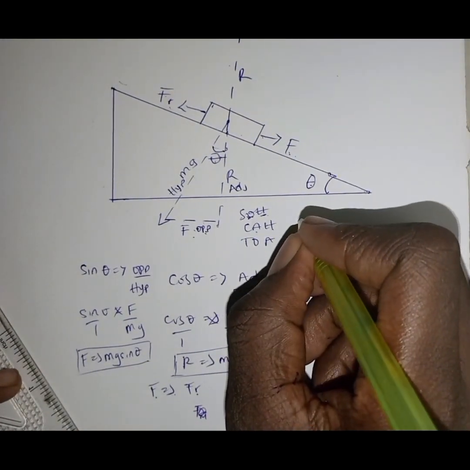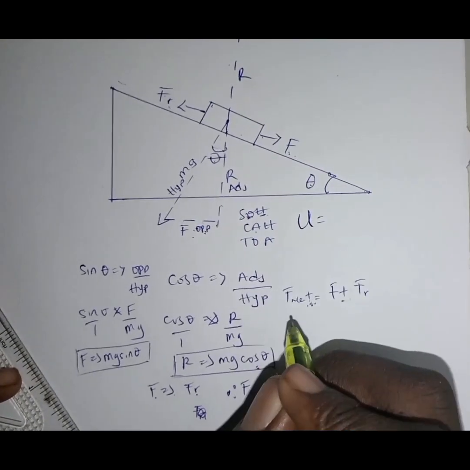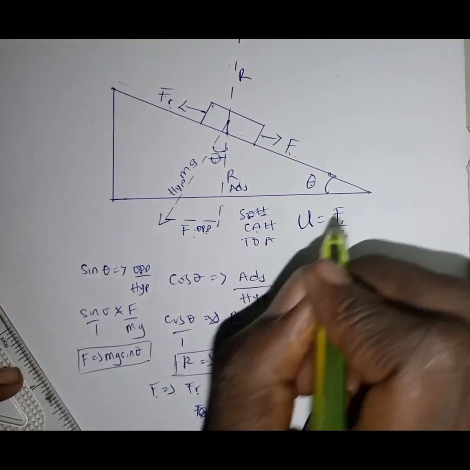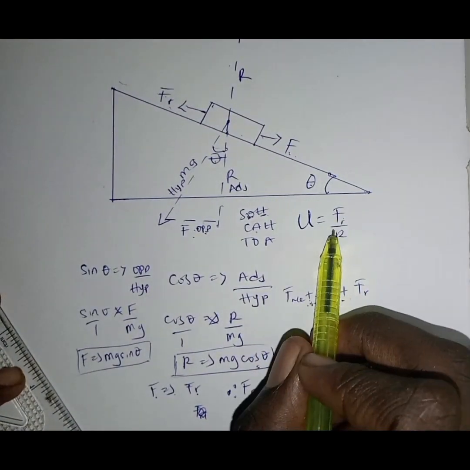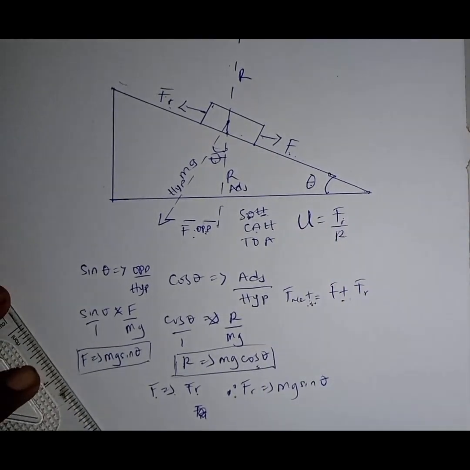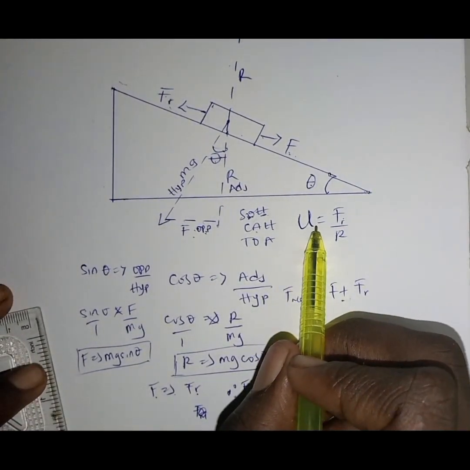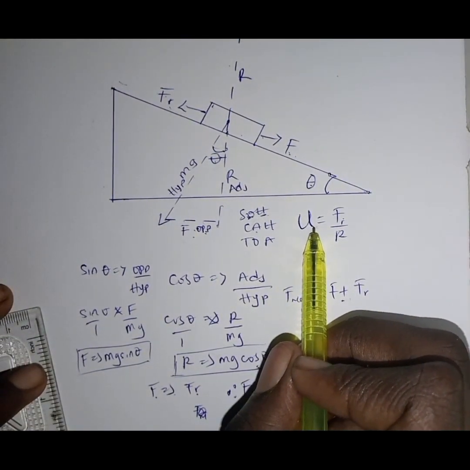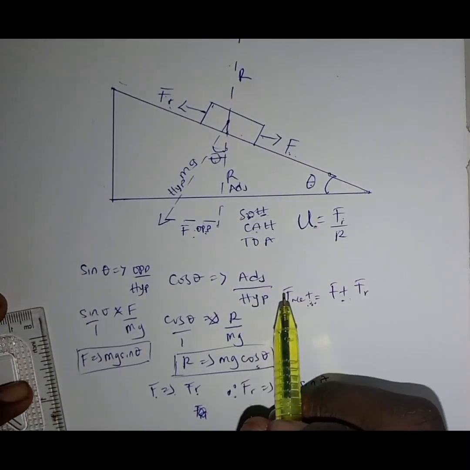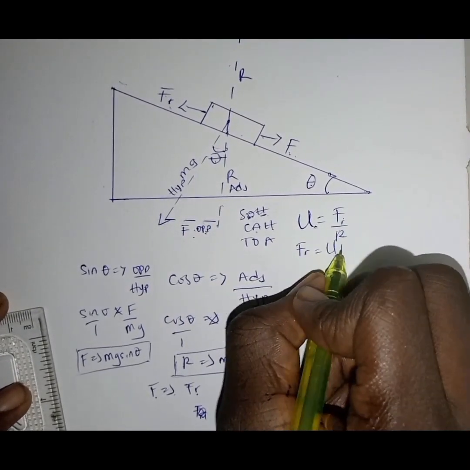The formula for coefficient of friction, U, is U equals F friction over R. So if you divide friction by the normal, you get what we call the coefficient of friction, which is our U. This is the minimum friction every object has to overcome to start moving. That's what we call the coefficient of friction. So cross multiplying, we can have F friction equals U R.